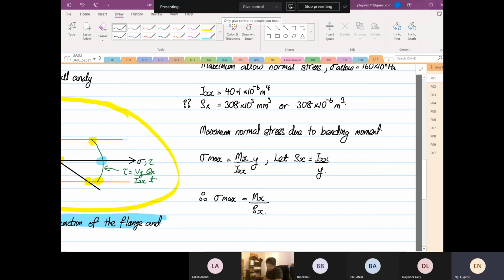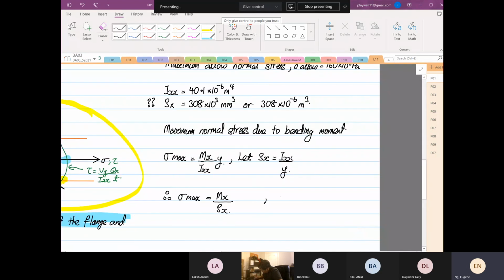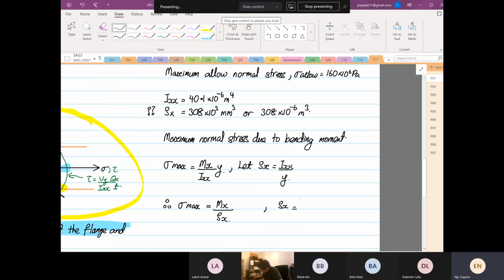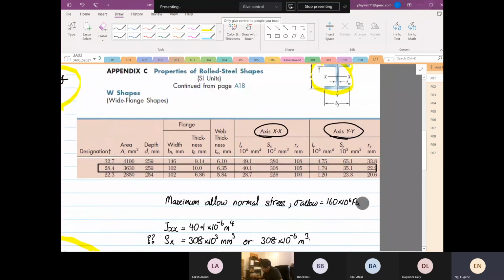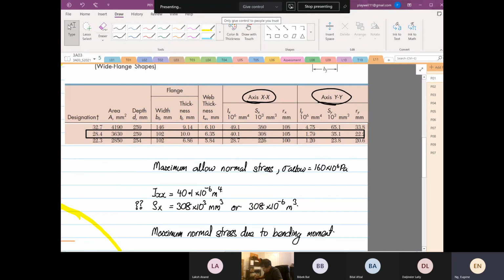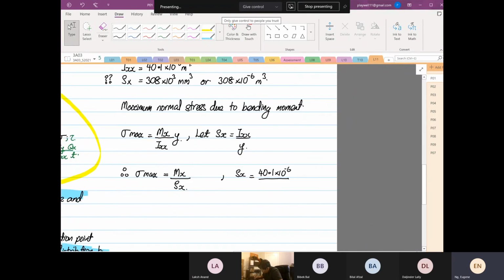Let's look at an example: is that true? So let's calculate it. We know IXX from the table is 40.1 times 10 to the power minus 6. The y, which is the maximum distance from the centroid, is d divided by 2, which is 0.259 divided by 2.